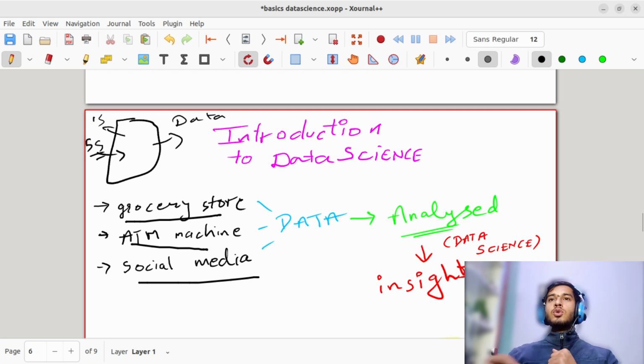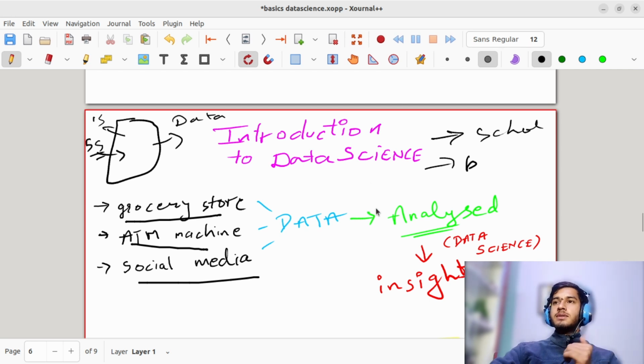Try to think of any other place. In today's world, data is generated everywhere: in school, in a library, in an office.